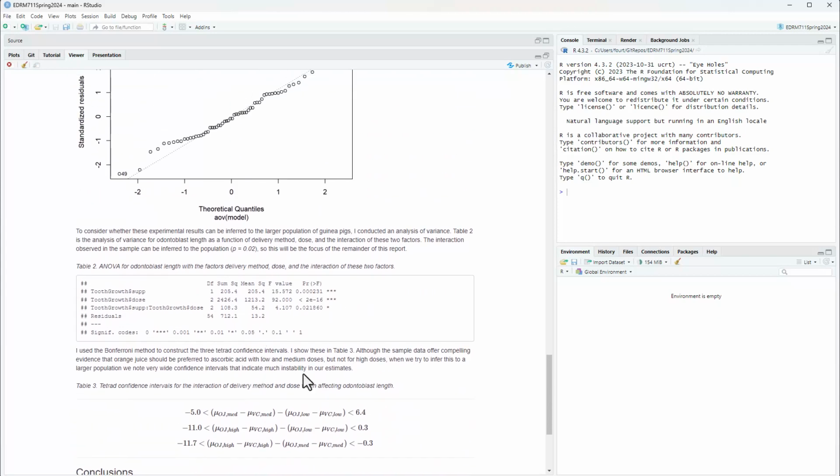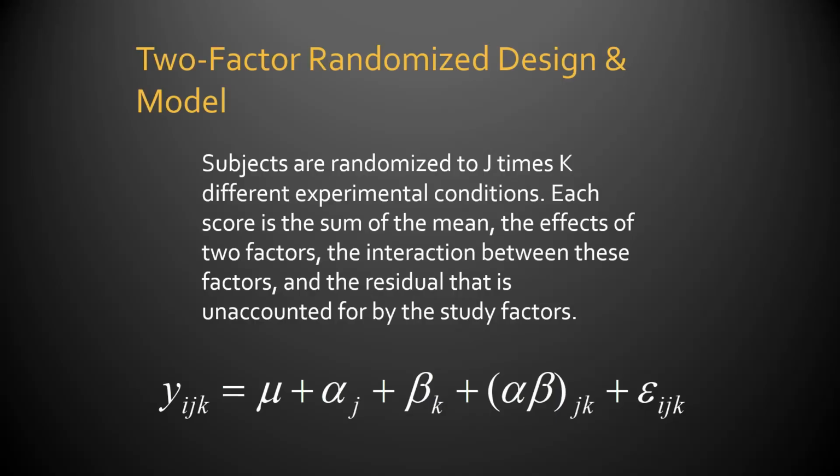Down here, in the analysis of variance table, you can see all of the different terms in our model: supplement, dose, the interaction, and residuals. So when we look at the linear model, we have supplement, dose, the interaction, and the residuals.